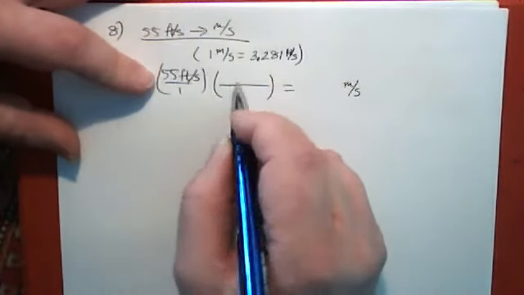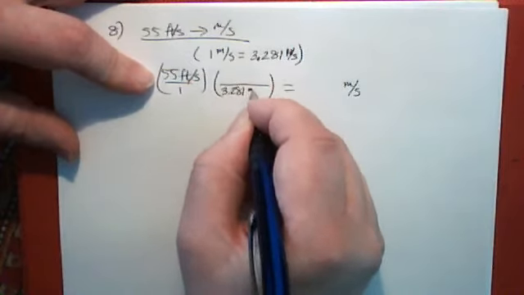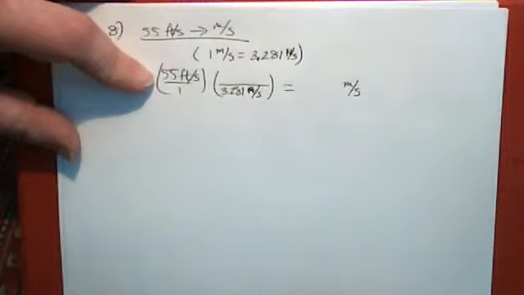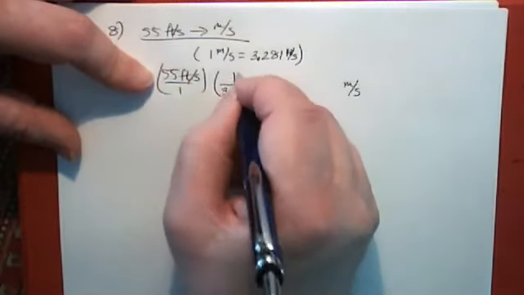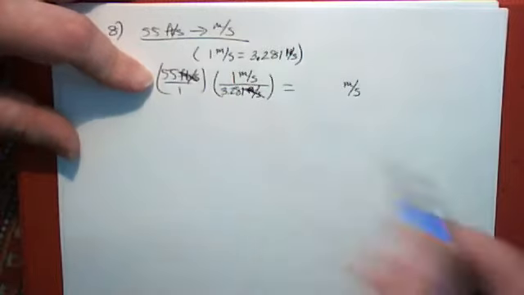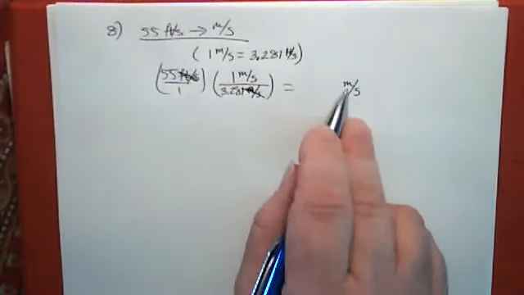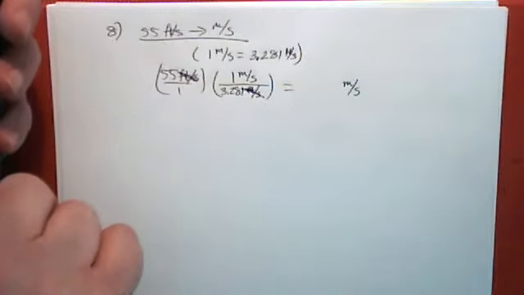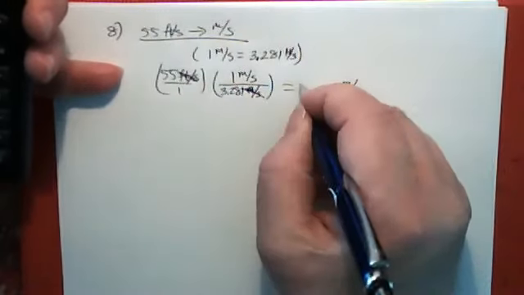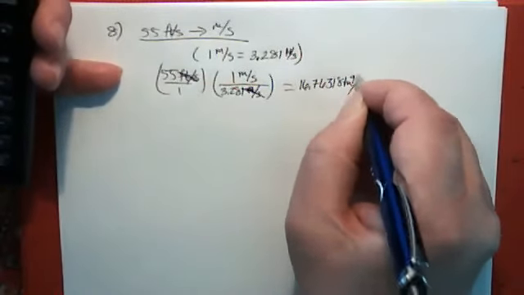Okay, so for the conversion factor, we want feet per second in the denominator. So 3.281 feet per second in the denominator and 1 meter per second in the numerator. Feet per second will cancel out, leaving us with meters per second for the answer. And if we take 55 divided by 3.281, we get 16.76318196.